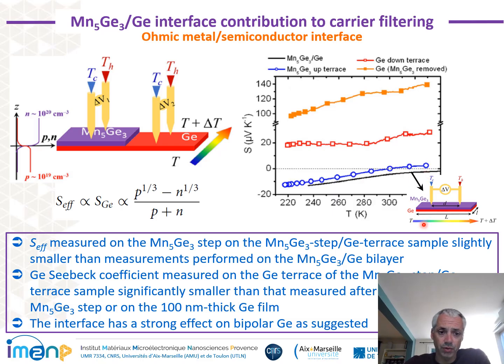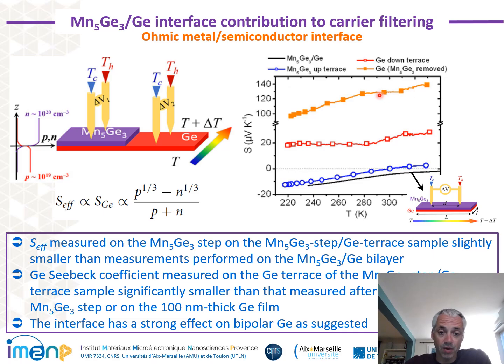So what we have also performed is, after these measurements, we removed completely the Mn5Ge3 layer and again measured the germanium Seebeck coefficient, and this time from this value with the film we go to this value without the film.